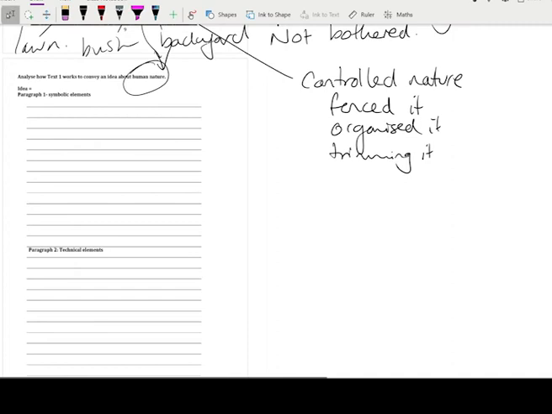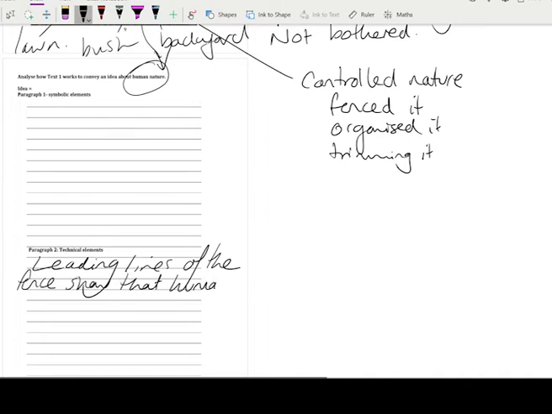So what he has done is, and that's where you can say in the technical elements, the leading lines of the fence show that humans want to contain nature, confine it, control it.